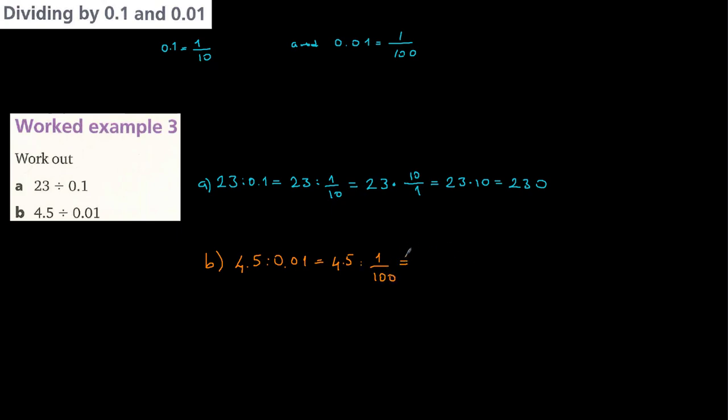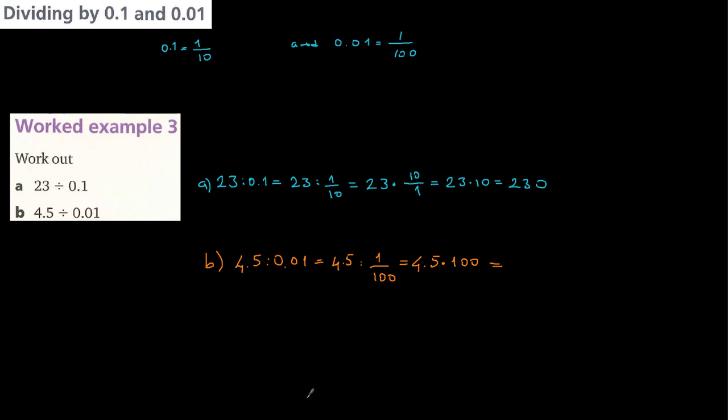When we divide by a fraction, we are going to switch numerator and denominator, as you remember from the previous videos and questions. 4.5 times, this time it is important, 100 divided by 1, which is equal to 100.